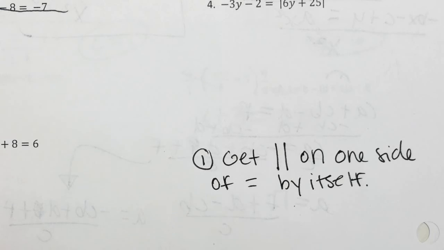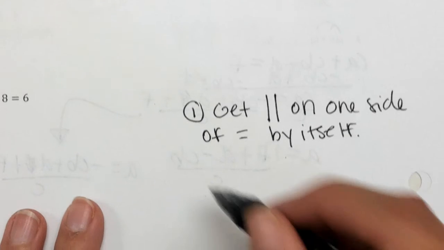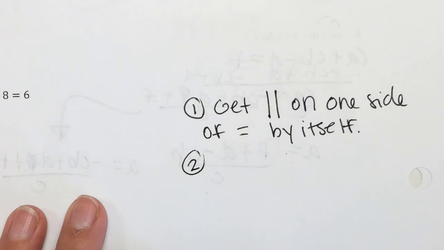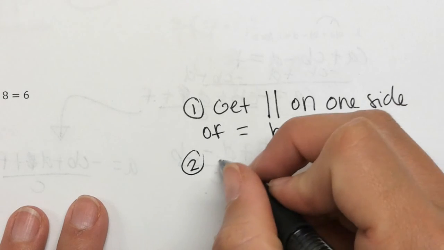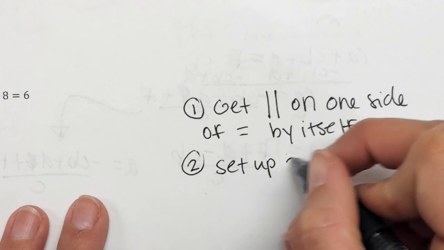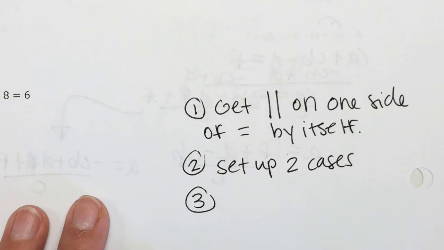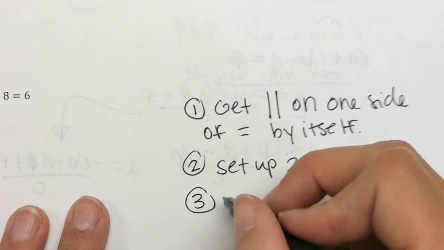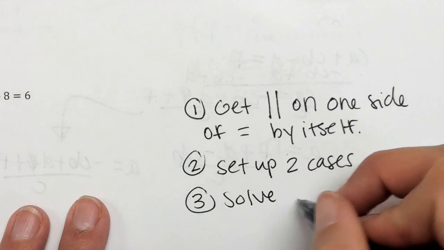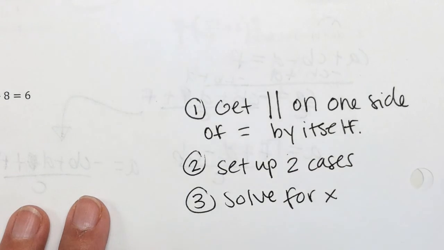Okay. So the second step, after you get the absolute value bars on a side by itself, set up 2 cases. Again, you'll always have 2 cases. And then step 3, you just solve like we did for a variable. So solve for x.